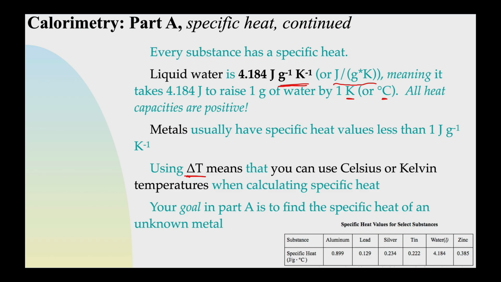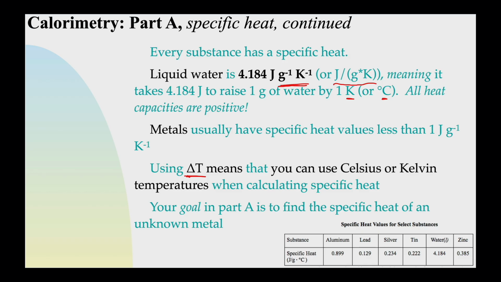The difference between the boiling point of water and the freezing point of water in Celsius would be 100 to 0. So 100 minus 0, 100, okay. In Kelvin, it would be 373.15 and 273.15. So again, the difference between those is also 100. So when it comes to specific heats, you're going to see joules per gram Celsius and joules per gram Kelvin. They really are the same thing since it's a delta T, so FYI. I would usually use Celsius just because you wouldn't have to convert to Kelvin, but it's your call.